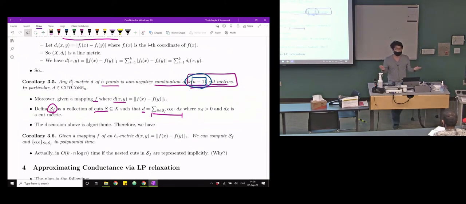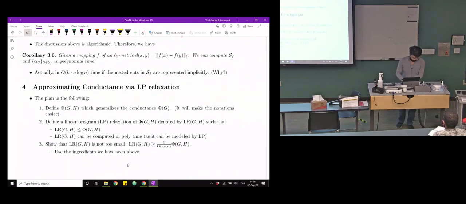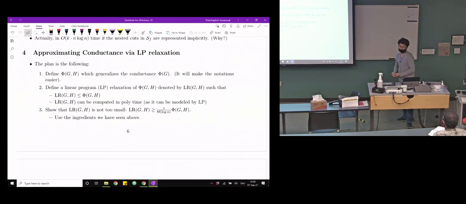That's how you get this collection of cuts. And how do you define the alpha, the coefficient? When you sort them, look at the distance between any two consecutive points. That's alpha. Okay, now we have all the ingredients.